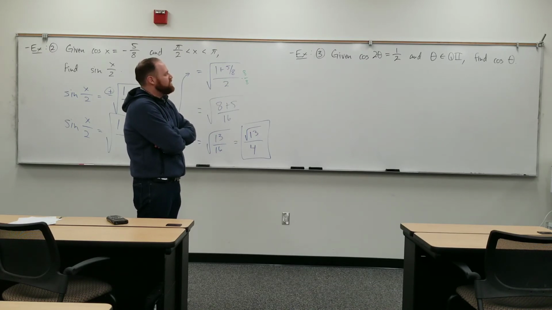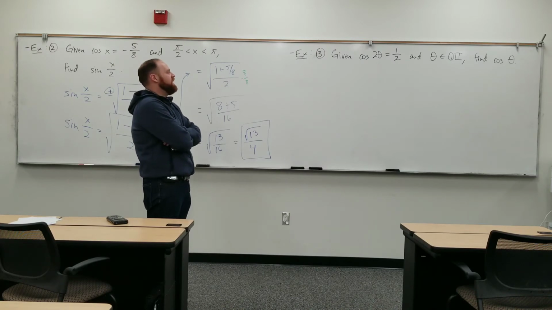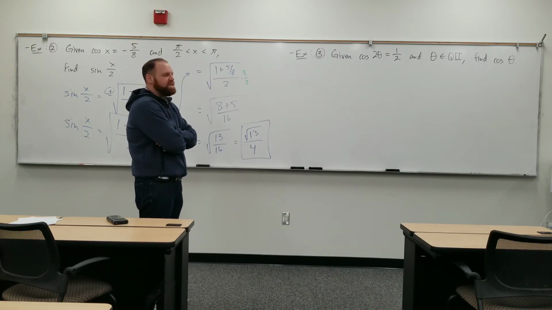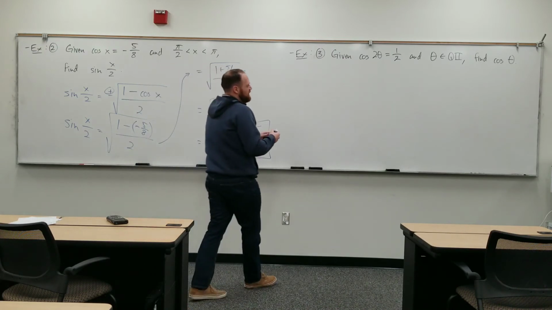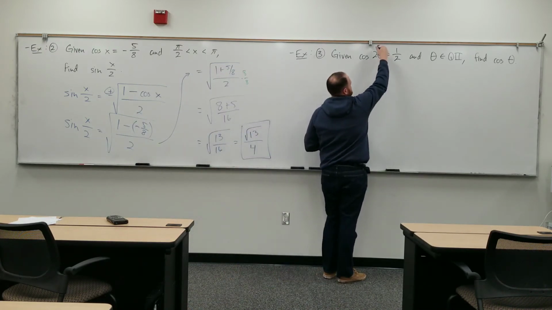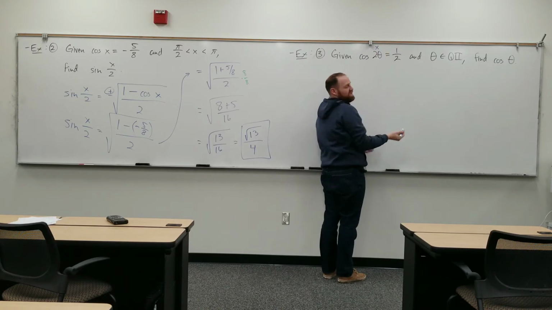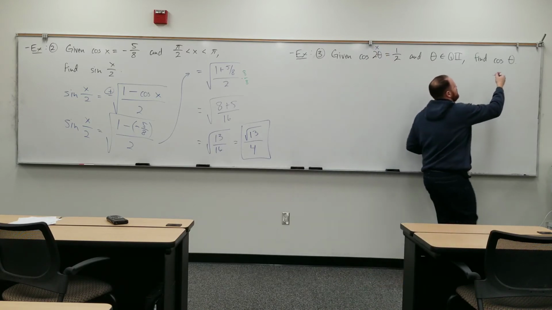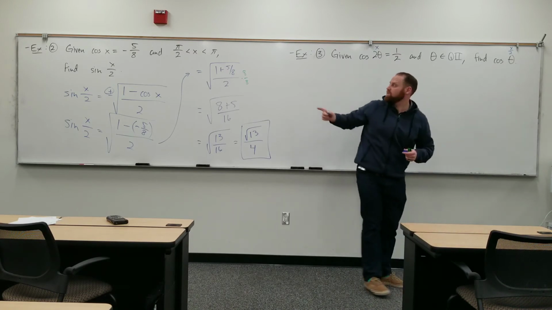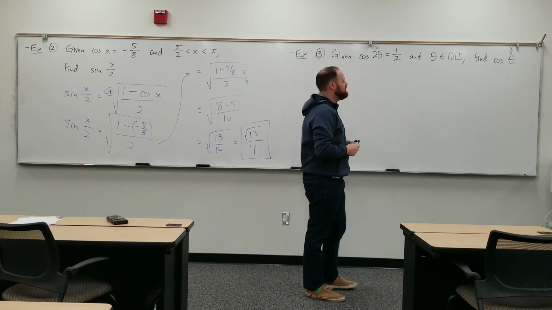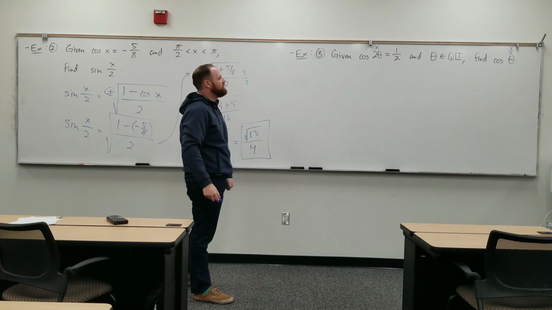We're trying to find cosine theta given cosine 2 theta. If we make the replacement that 2 theta is equal to x, then theta would be x over 2. So essentially we're looking for cosine of x over 2.